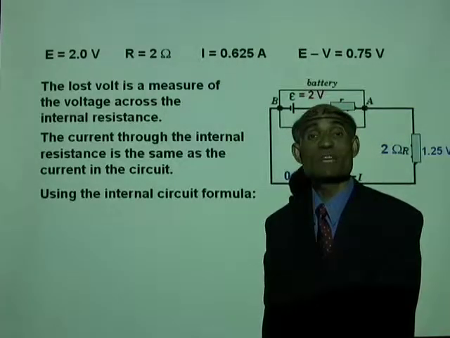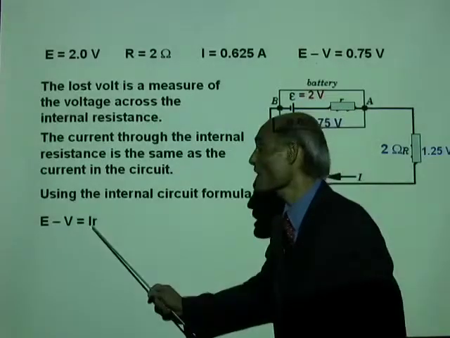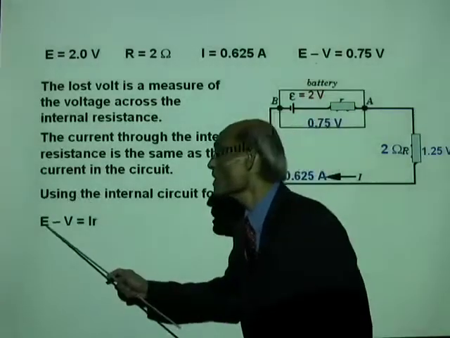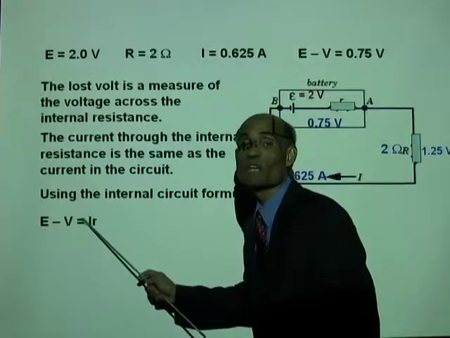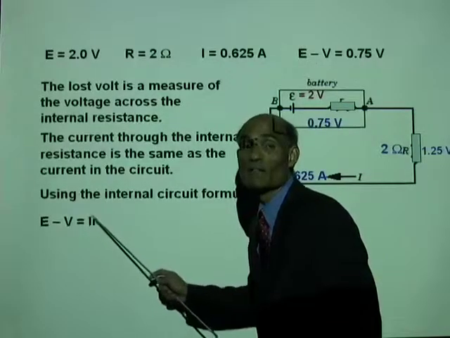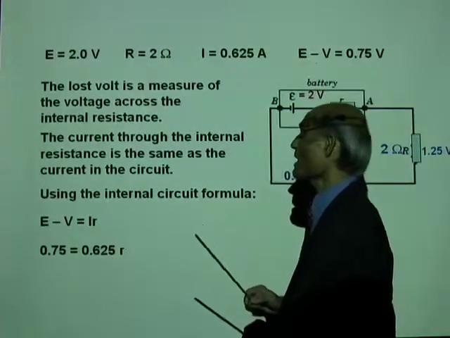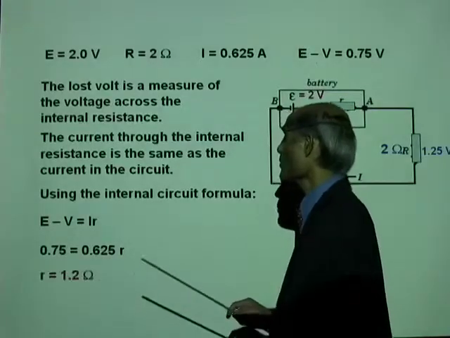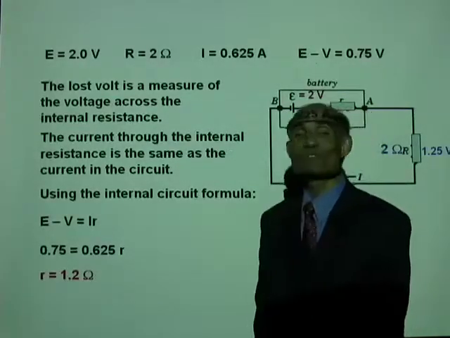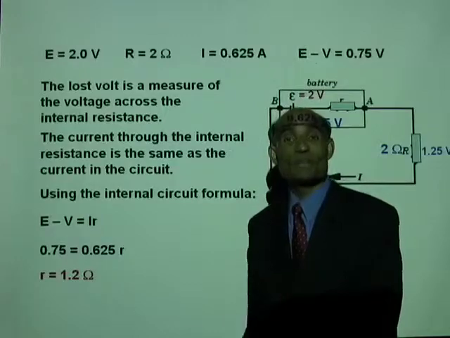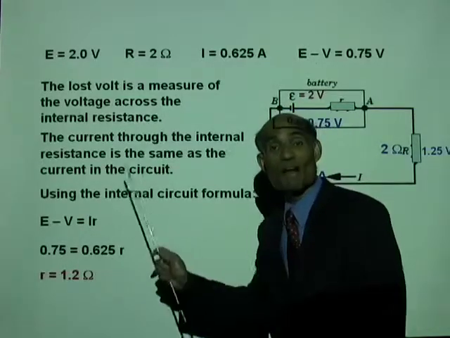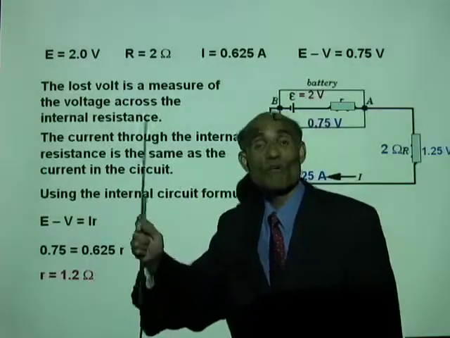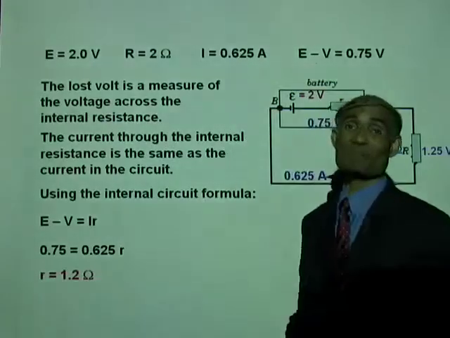E minus V equal to I times small r. We know E, we know V, we know I, therefore we can find r, and therefore r equal to 1.2 ohm. You can get the same result by going through the formula for the internal resistance that we derived.